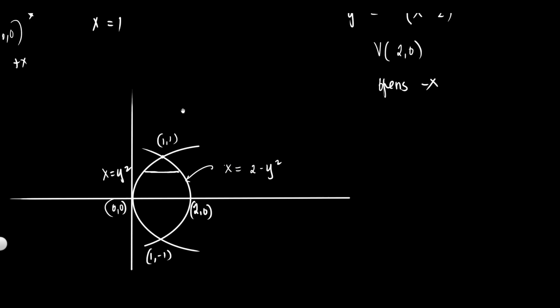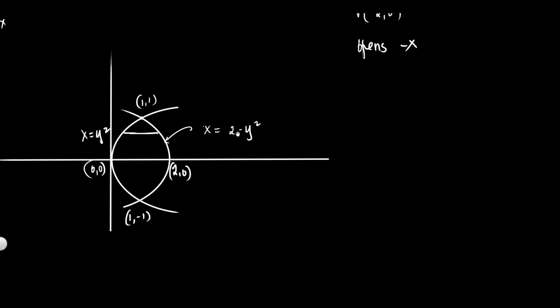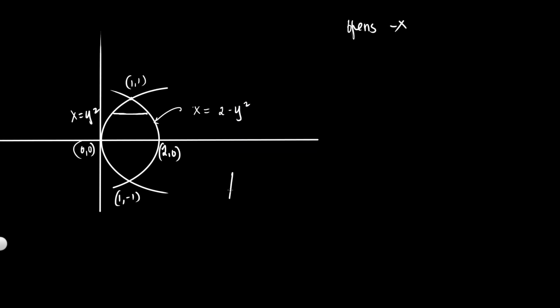Then the thickness is dy. So the limits, we look at y. The area is equal to the integral of x right, 2 minus y squared, minus x left, which is y squared, times the thickness dy. The limits are negative 1 to 1.